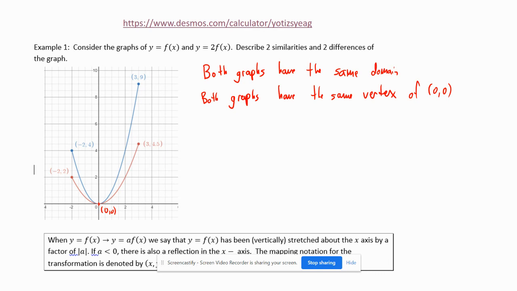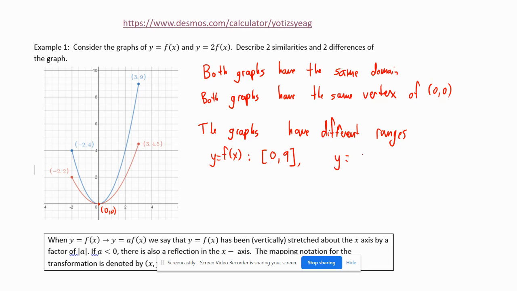What are two differences here? The graphs have different ranges. So for y equals f of x, the range goes from 0 to 9.